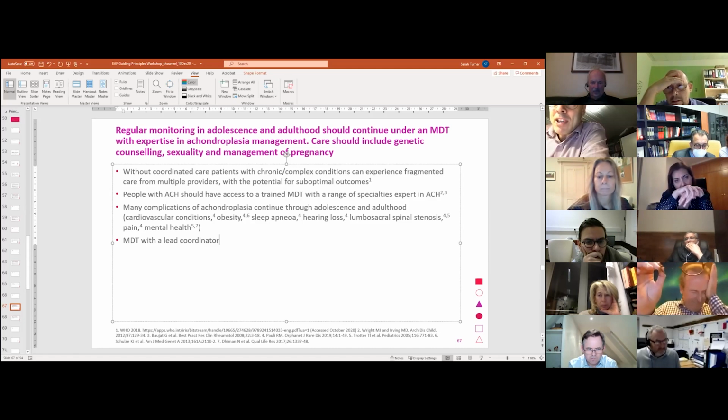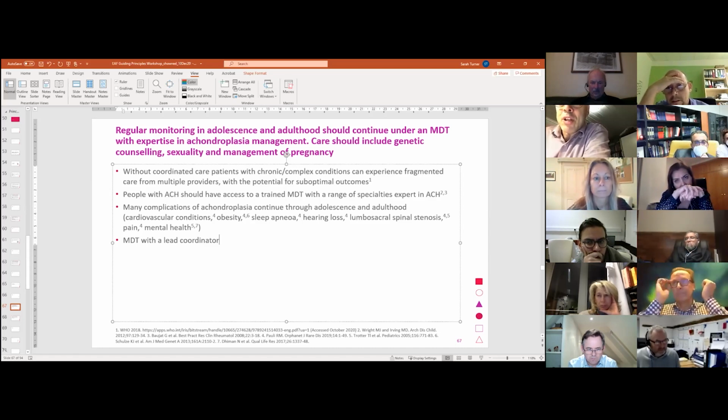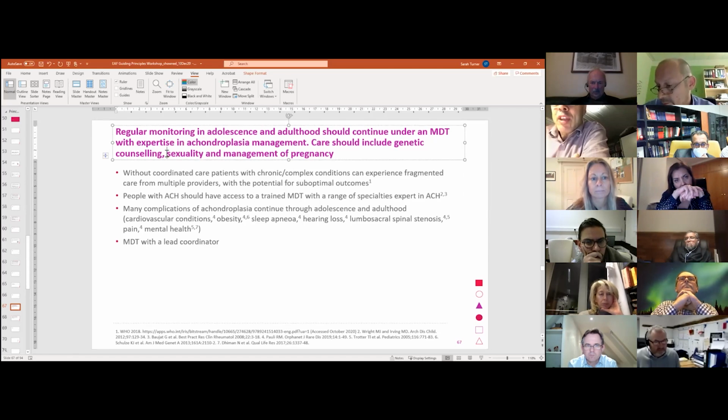So we might consider putting transition as well as sexuality, because it covers becoming independent, education, working, those kinds of challenges, which are important to discuss at that point.